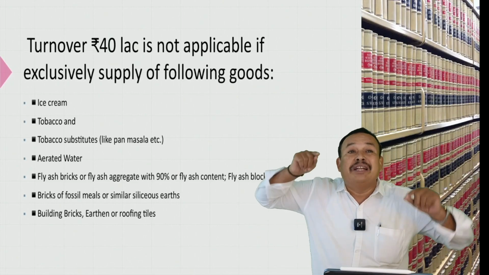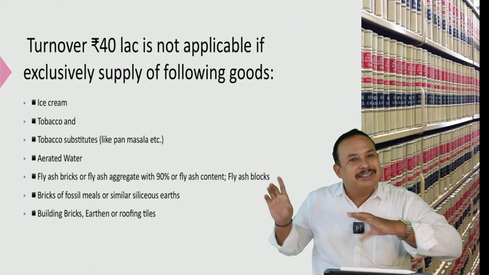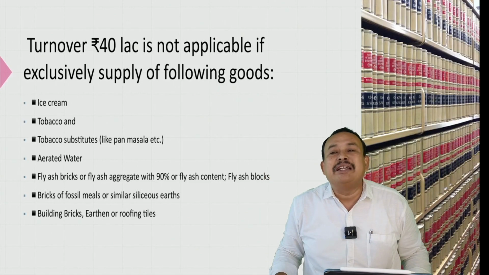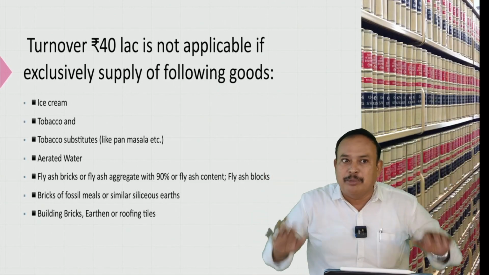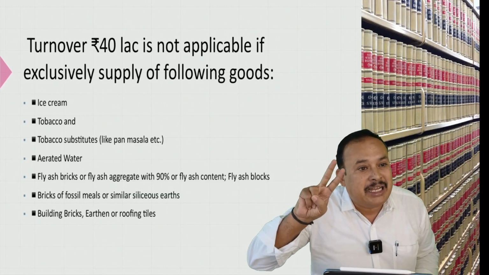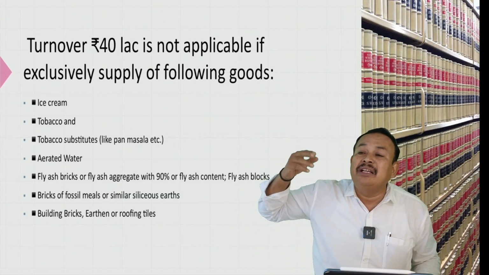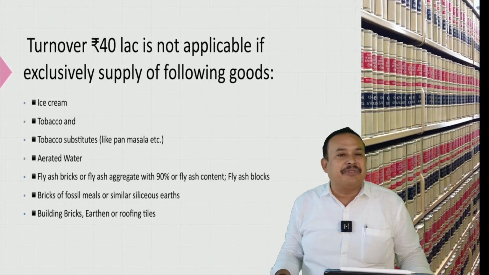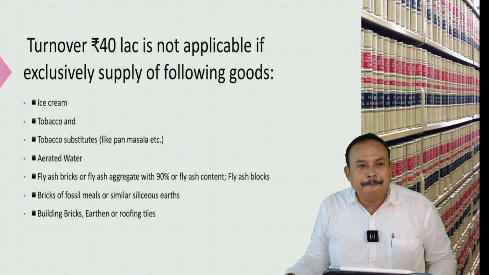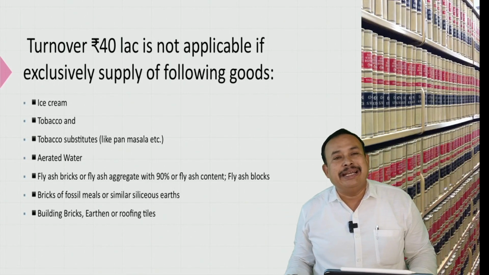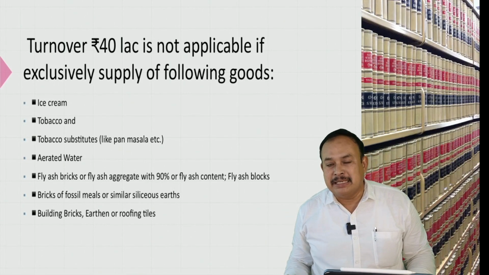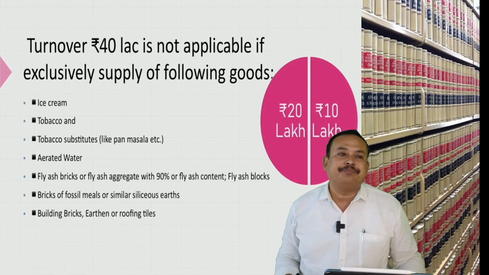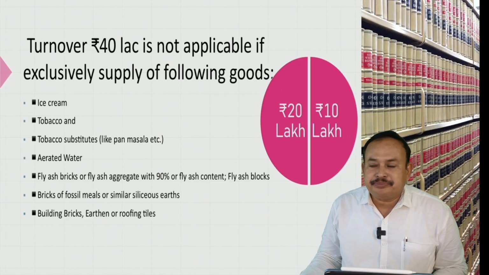Now, if you are dealing with these goods as your trade, then the limit of 40 lakhs is not applicable; it is only reduced to 20 lakhs. In the case of MMNT, it is further reduced to 10 lakhs. Is it clear, my dear friends? Any difficulty? Turnover limit in MMNT 10 lakhs, rest of India 20 lakhs. As simple as that. Got the clarity, my dear friends?